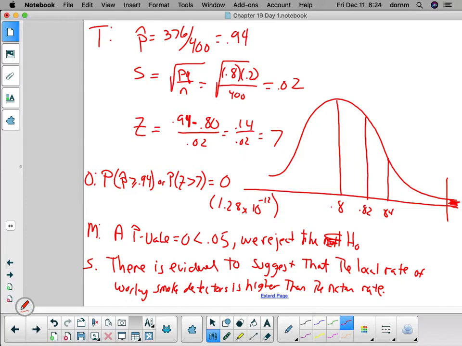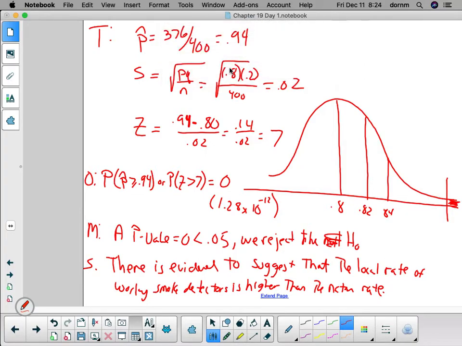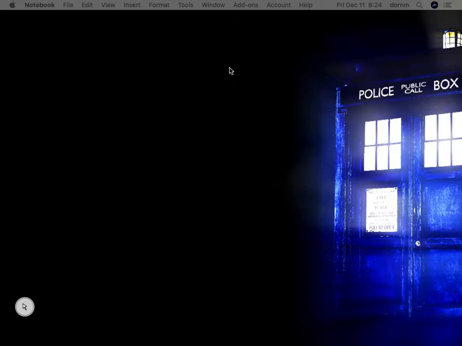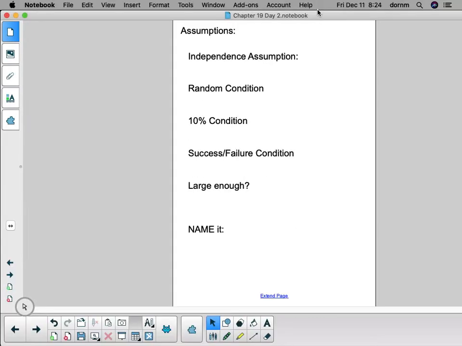All right, so let's move on to day 2, which is simply going to be another example. Just have to slide it over. So let's do this again.